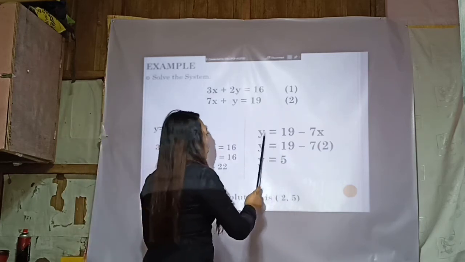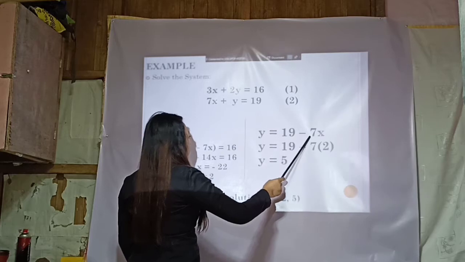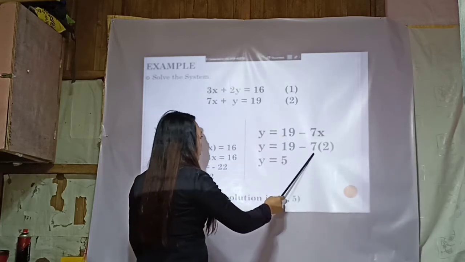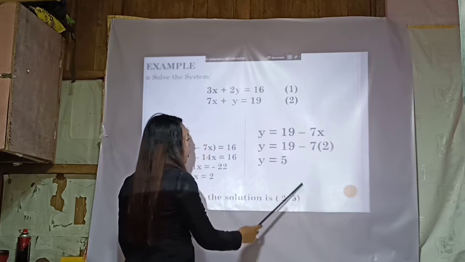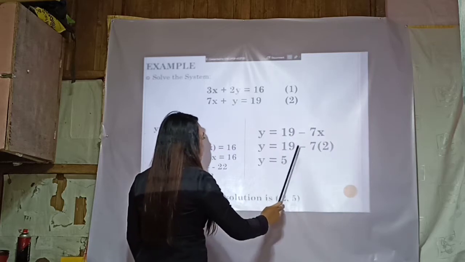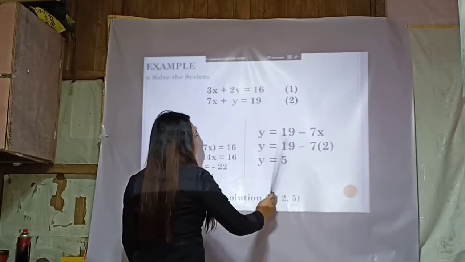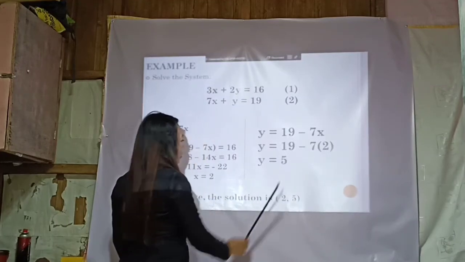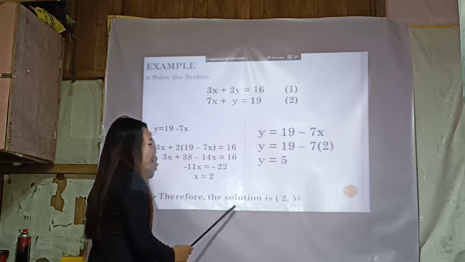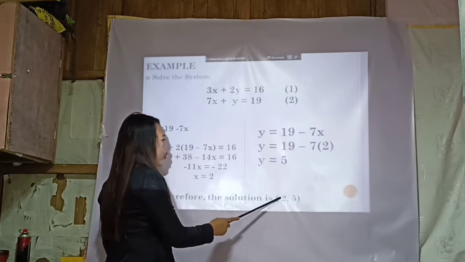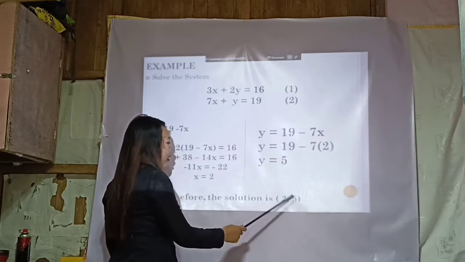So, y is equal to 19 minus 7 times 2. So, 7 times 2 is equal to 14. So, 19 minus 14 is equal to 5. Therefore, the solution is 2 and 5. The value of x is 2 and the value of y is 5.